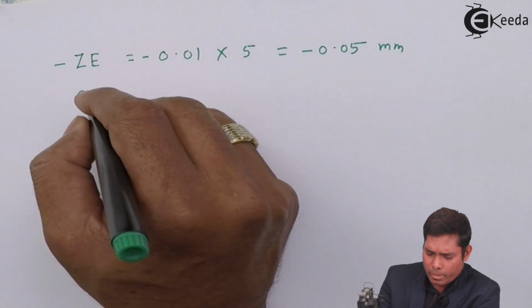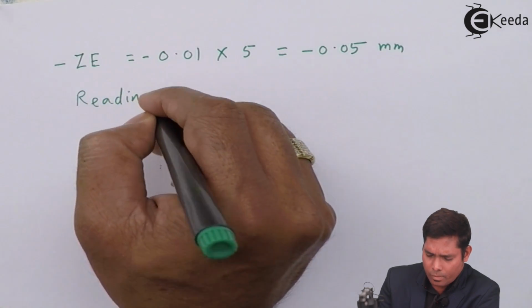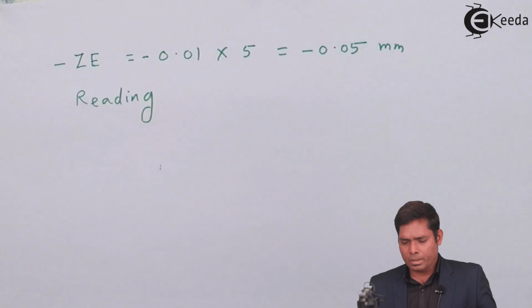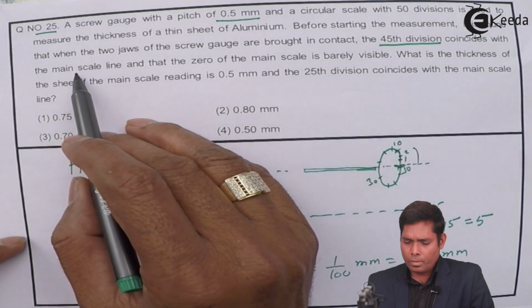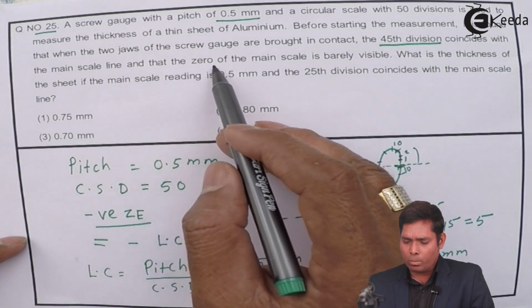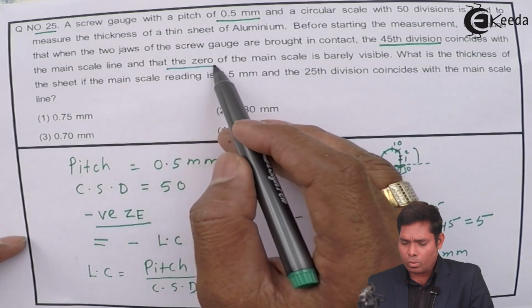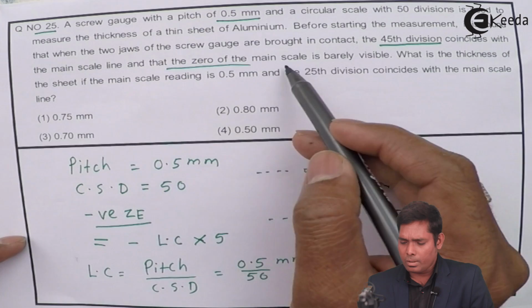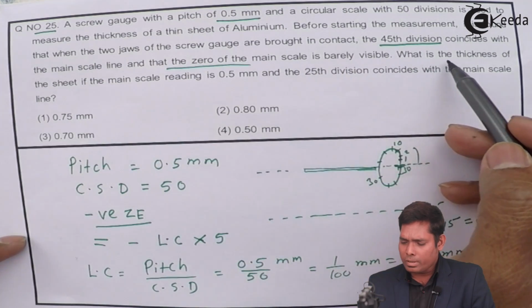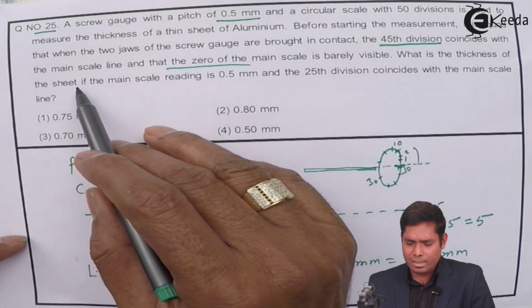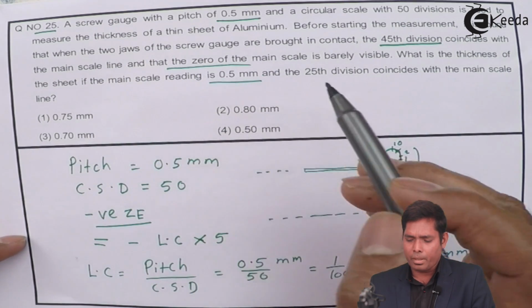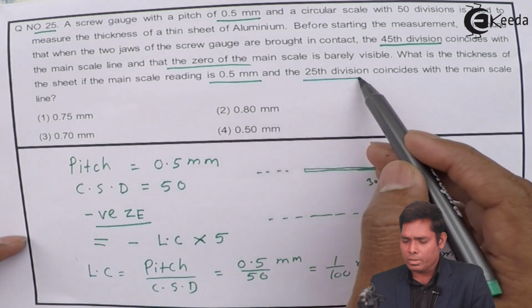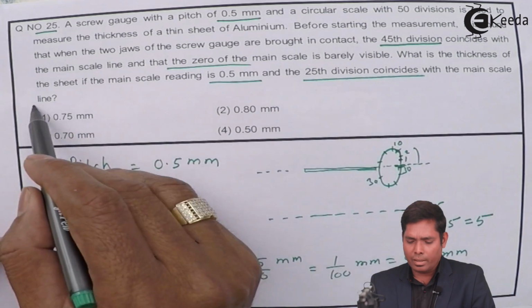Let me read the question. The 45th division coincides with the main scale line, so this is the error. What is the thickness of the sheet if the main scale reading is 0.5 mm and the 25th division coincides with the line?